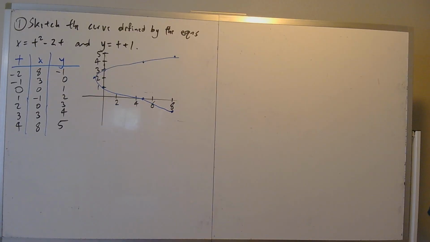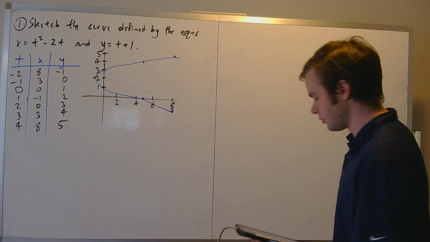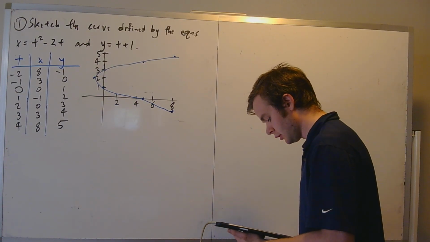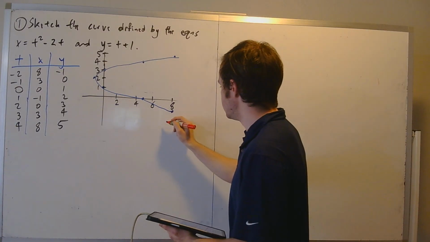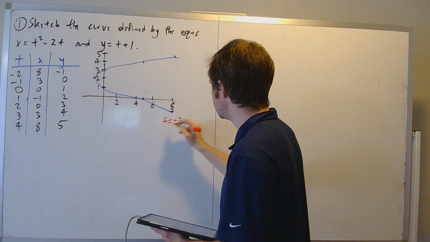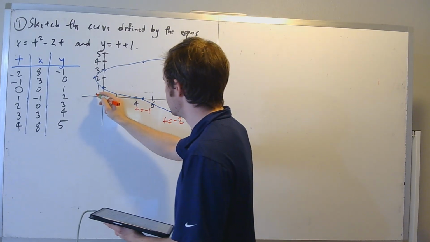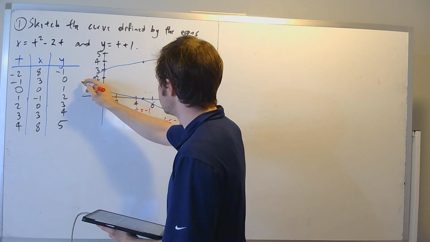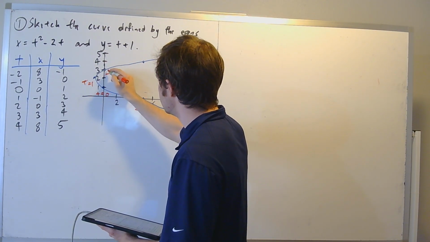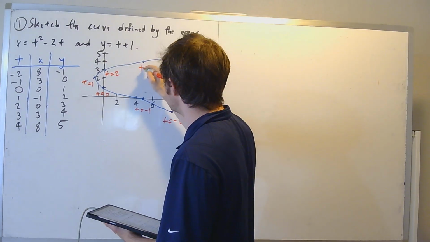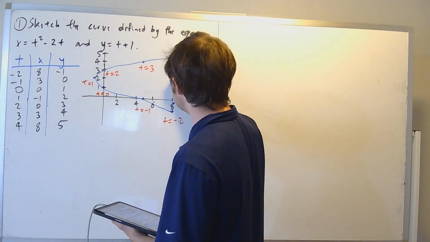And that looks kind of like a parabola. So we're going to get a parabola. And notice here, you start at t equals -2, t equals -1, t equals 0, t equals 1, t equals 2, t equals 3, and t equals 4.